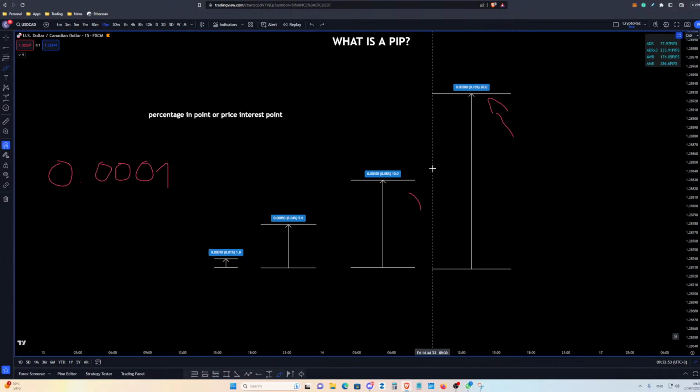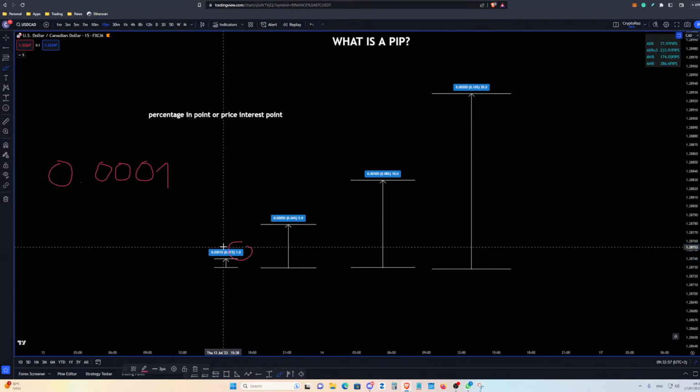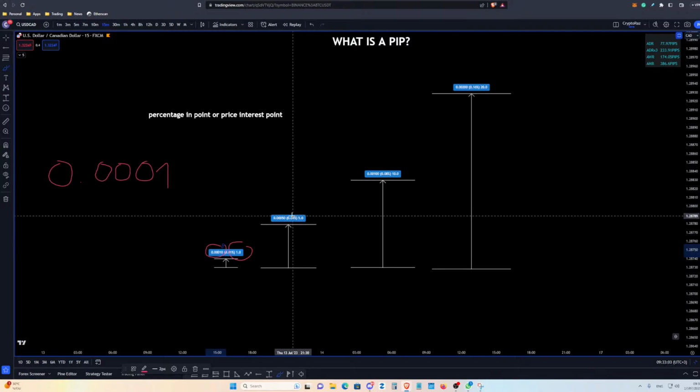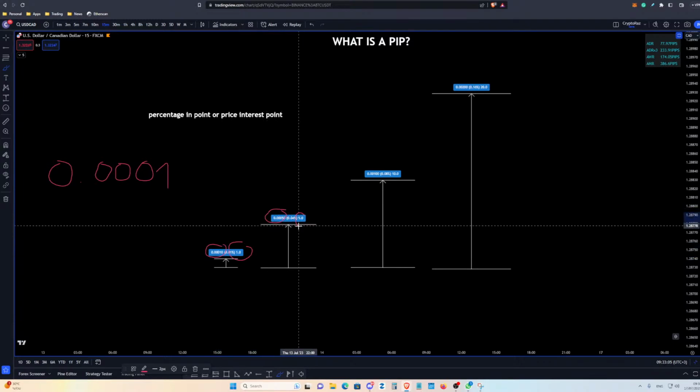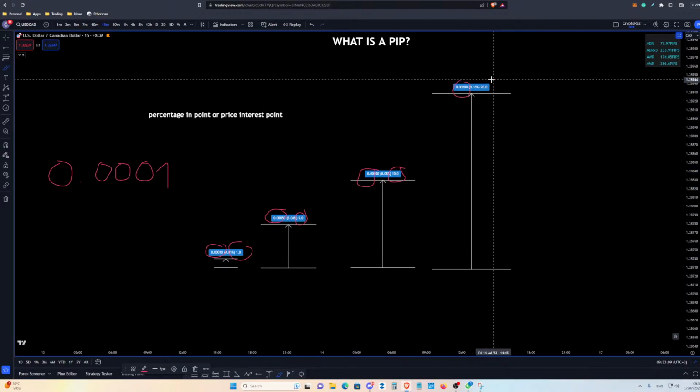You can see the decimal places, three zeros and then the number.